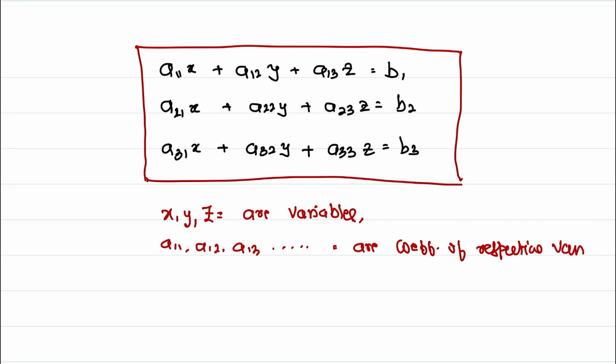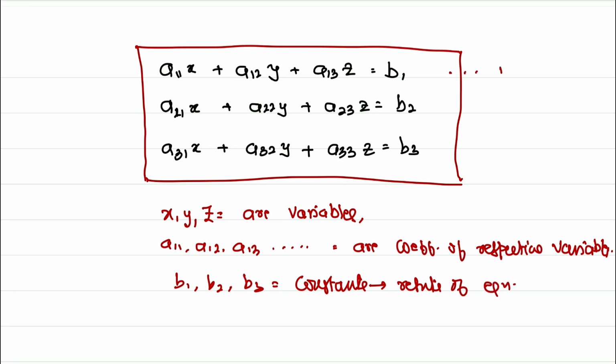Understood? Now, next, b1, b2, b3 are constants. They are the results of the equations.